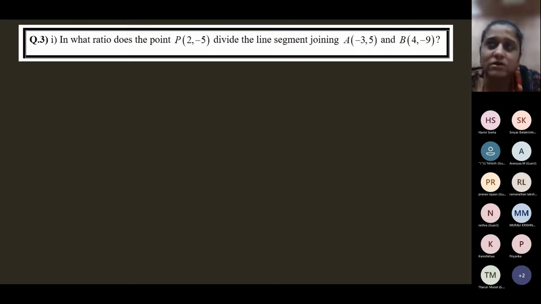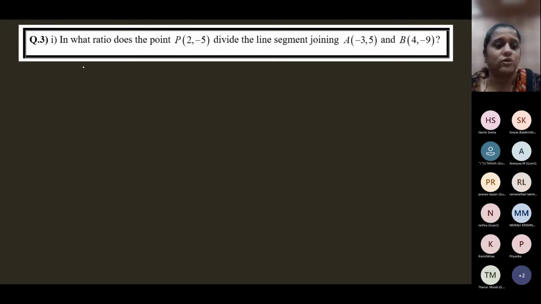Remember, whenever you have to find the ratio, you can use either the x coordinate of the point of division or the y coordinate of the point of division. That's enough to find the ratio.